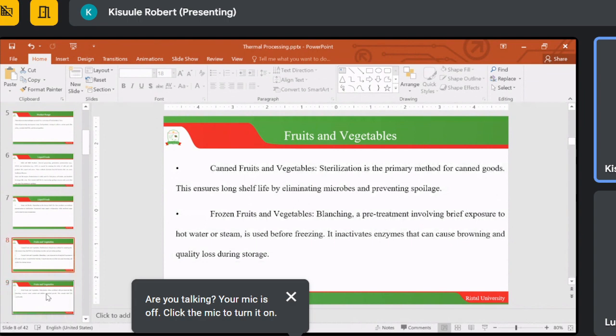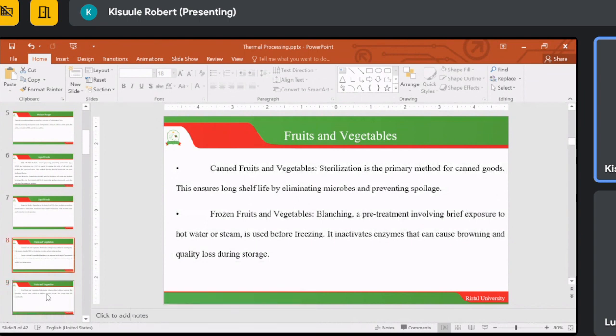For the meats and poultry, the canned meats, like we said, in most cases when we are talking about canned, don't confuse it a lot, it is closely linked with tinning. So for the canned meats, sterilization is used for canned meats like corned beef and luncheon meat, extending their shelf life.